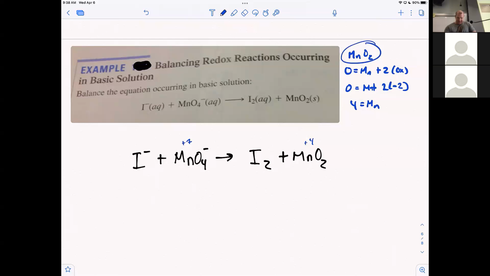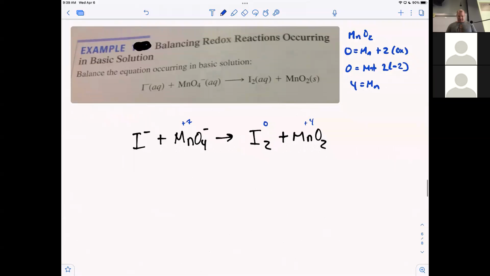Manganese dioxide is neutral, so 0 is equal to manganese's oxidation state plus 2 times oxygen. Oxygen tends to be -2, which means manganese is +4. So assigning the oxidation states: manganese in permanganate is +7, manganese in manganese dioxide is +4, iodide is -1, iodine is 0.